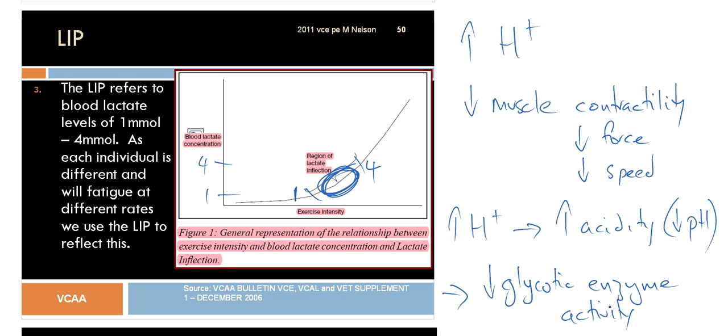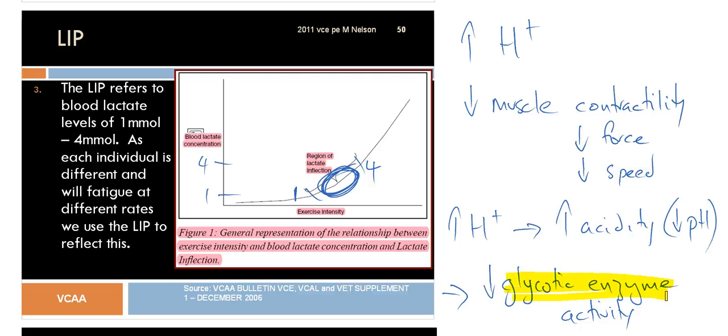So if the activity of the glycolytic enzymes decreases, it means that we are unable to break glucose down as effectively, therefore slowing the rate of energy production, or resynthesis, from the anaerobic glycolysis system.